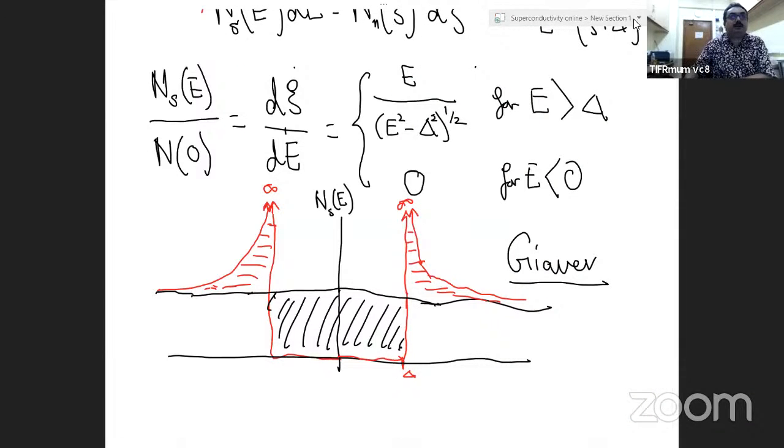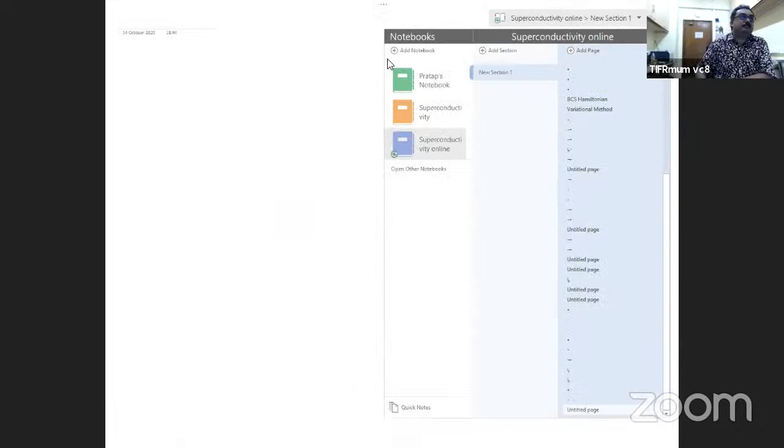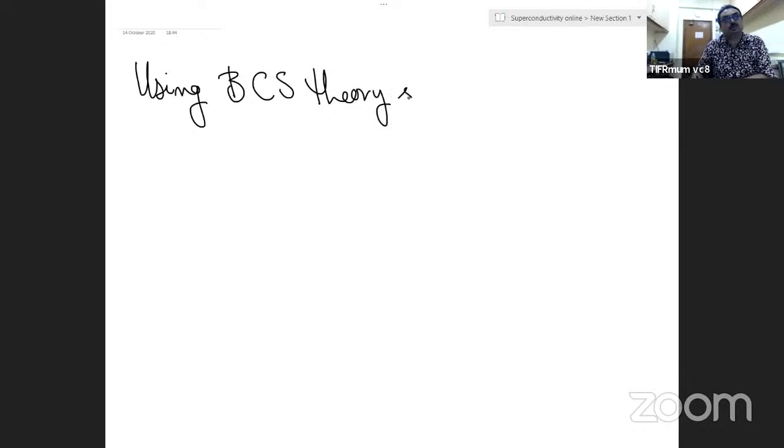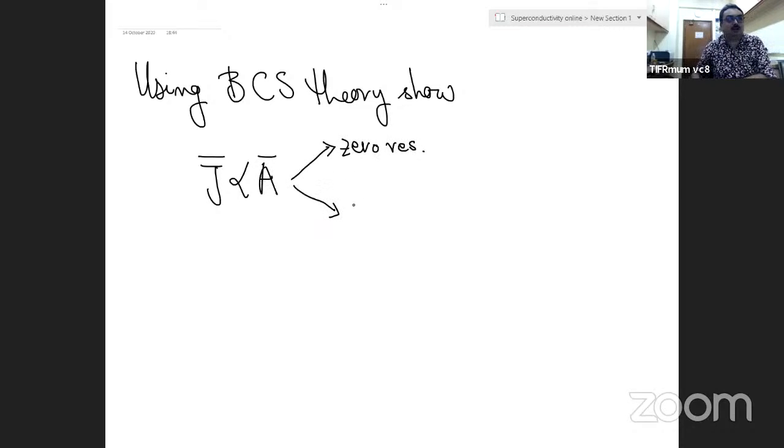Today we will do the last part of what we set out to do, which is, using BCS theory, show that J is proportional to A. This simultaneously will prove zero resistance and will also prove perfect diamagnetism.